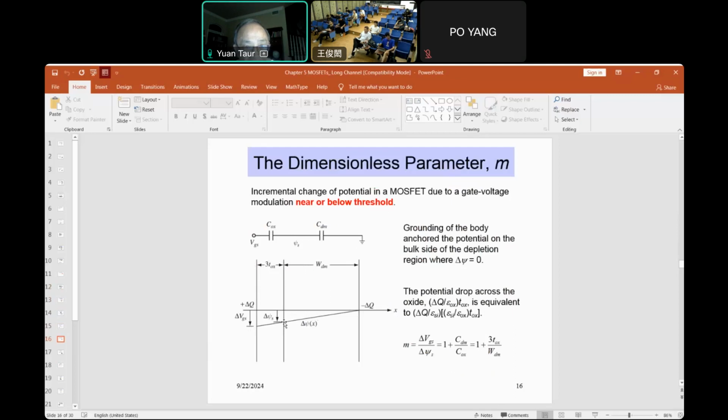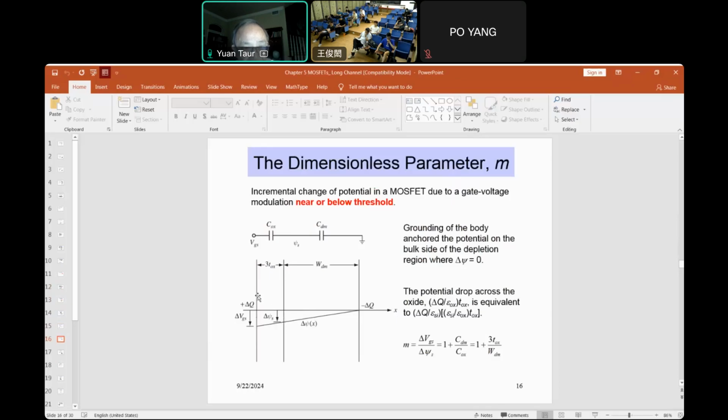And so we can consider what happens when we change VGS by a small amount, delta VGS. Here we are at a certain VGS, and then we change VGS. So this point moves, but this point doesn't change. The substrate is grounded, so that's the pivot. So the line will change like that. So the surface potential changes by delta psi S.